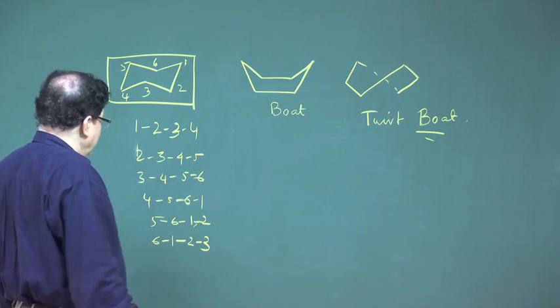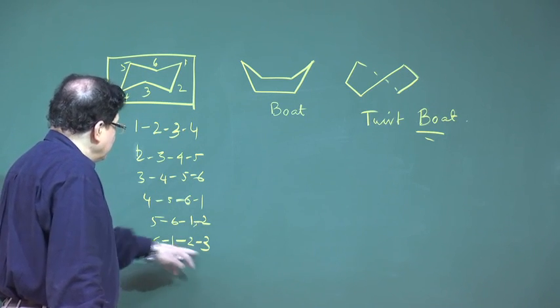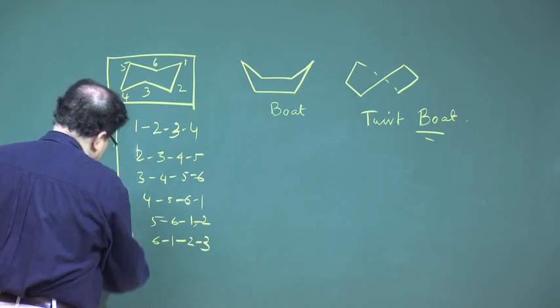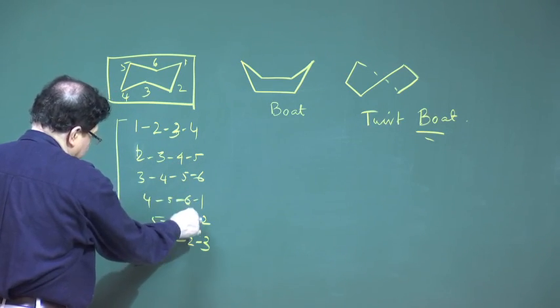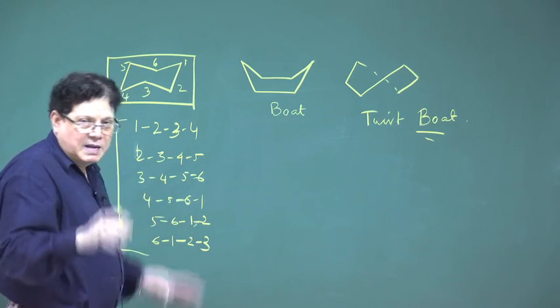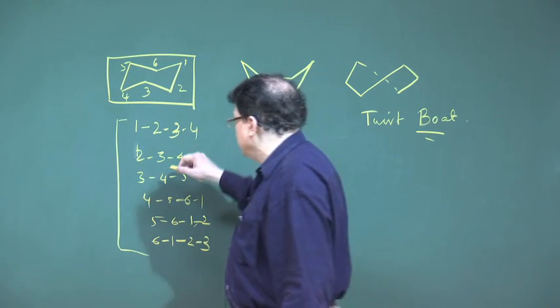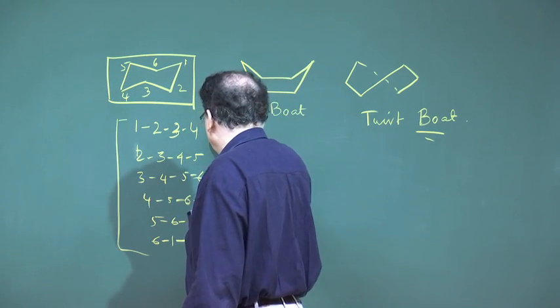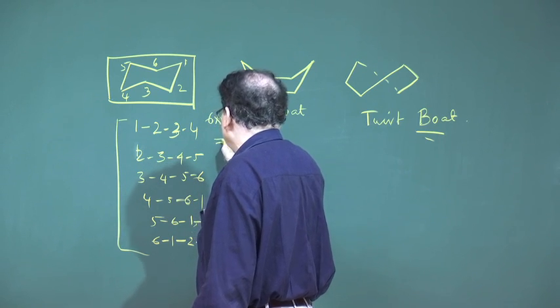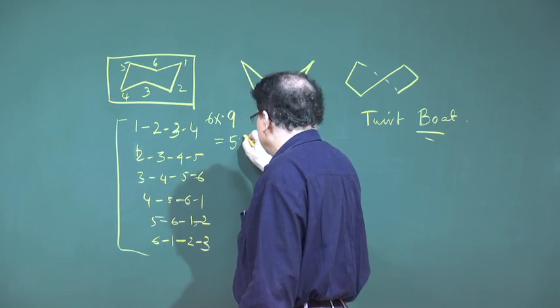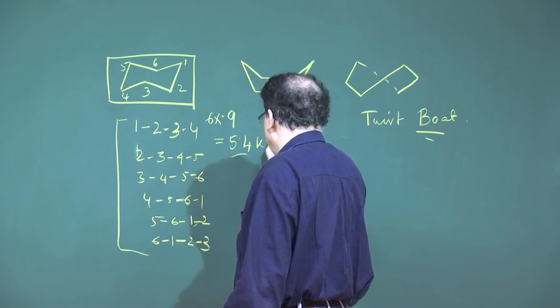And then after that you come back to 1, 2, 3, 4. So, these are the 6 butane units that you can think of as present in a cyclohexane, and all these 6 butane units are in the gauche form. So, that becomes an energy of 5.4 kilocalorie per mole.